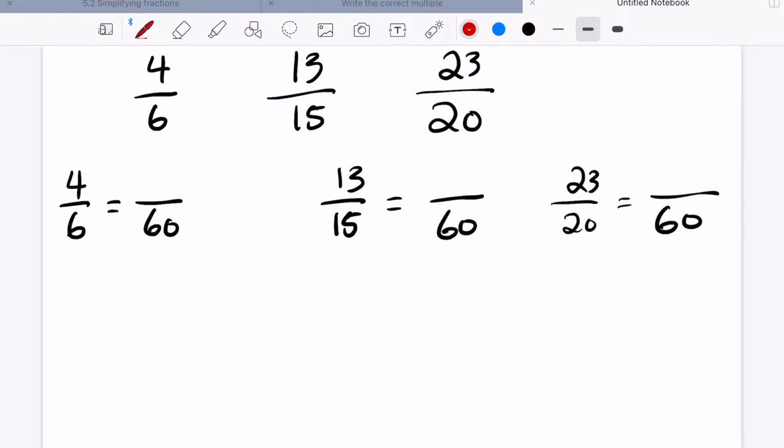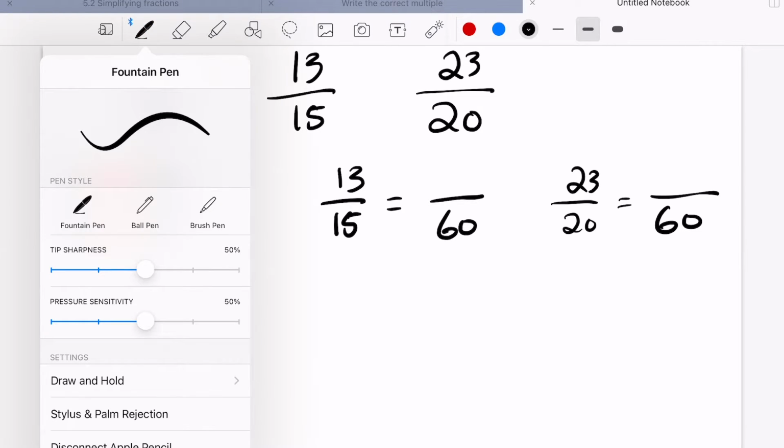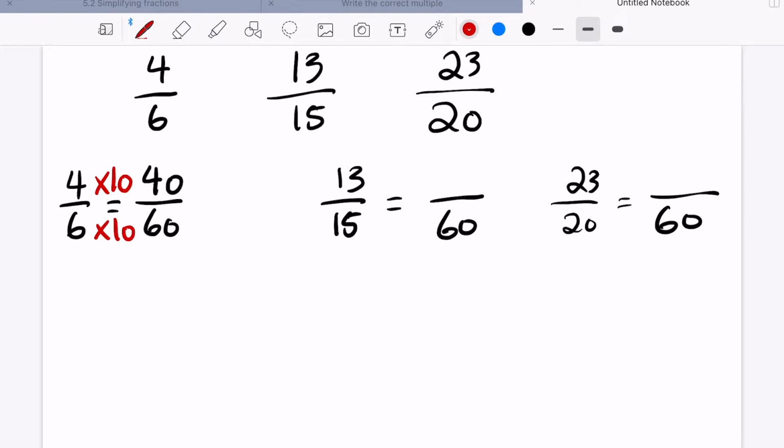What do you have to do? 6 times what equals 60? 6 times 10. 4 times 10 equals 40. Very good. Remember, we have to multiply the top and the bottom by the same number. 15 times what equals 60? 15 times 4.